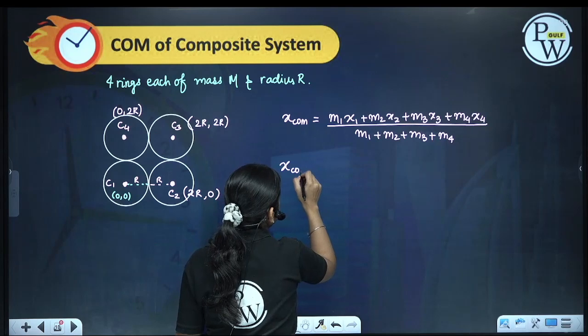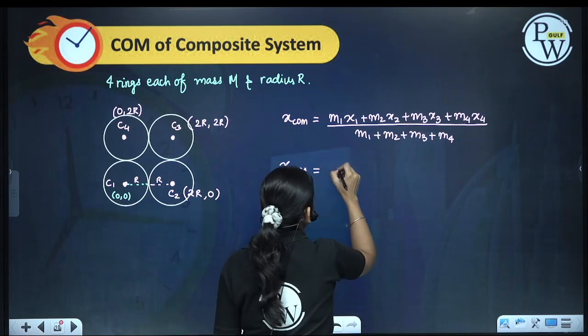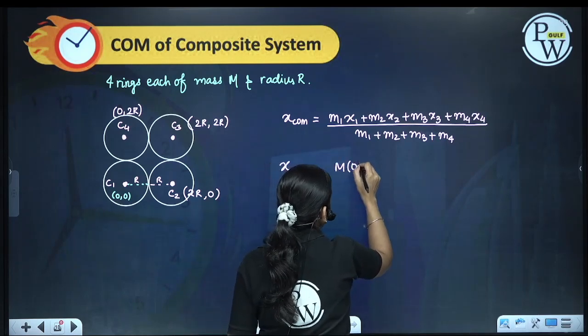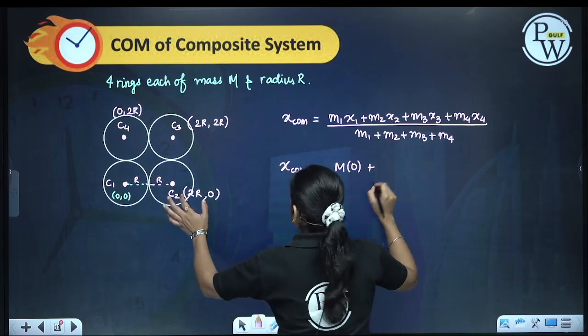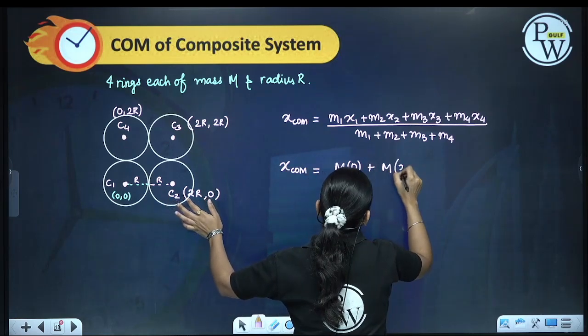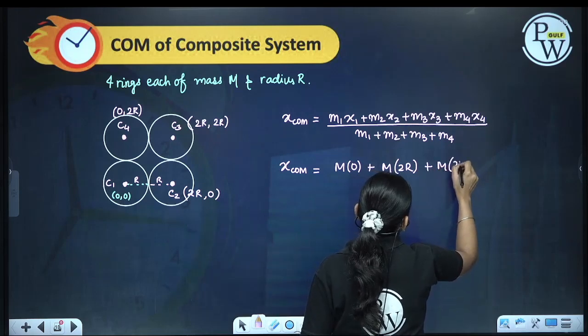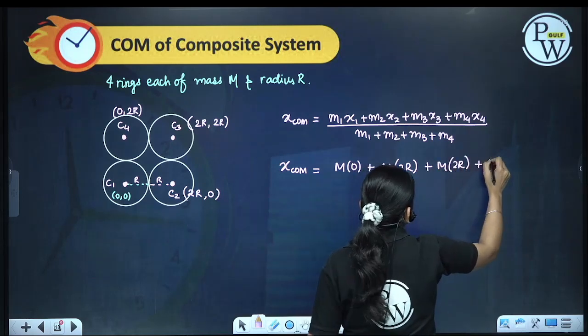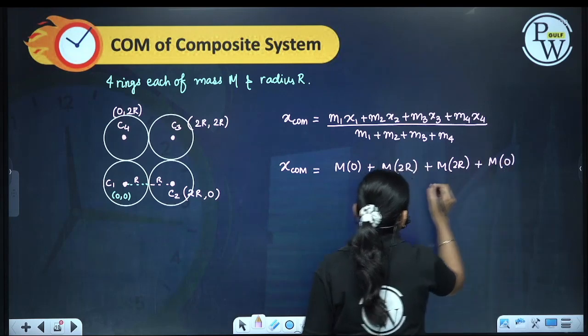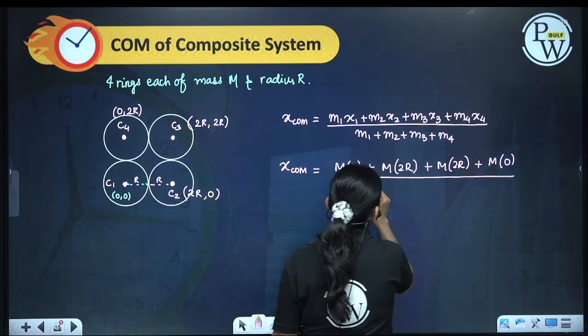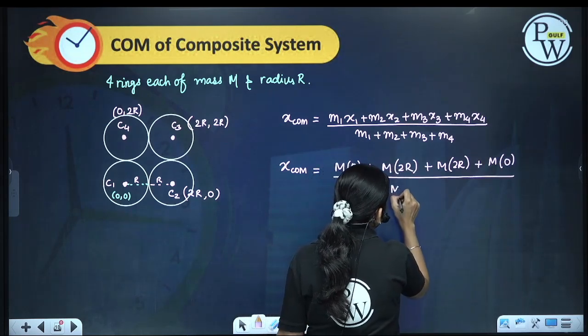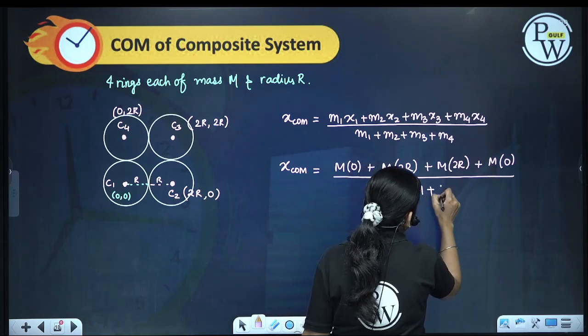So XCOM will be the mass of the first ring, m, into its coordinate 0, plus the mass of the second ring, m, into its position coordinate 2r, the third ring m into 2r, and the fourth ring m into 0, divided by m plus m plus m plus m.